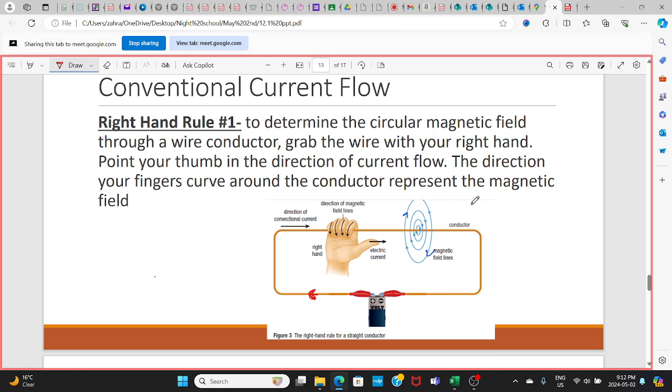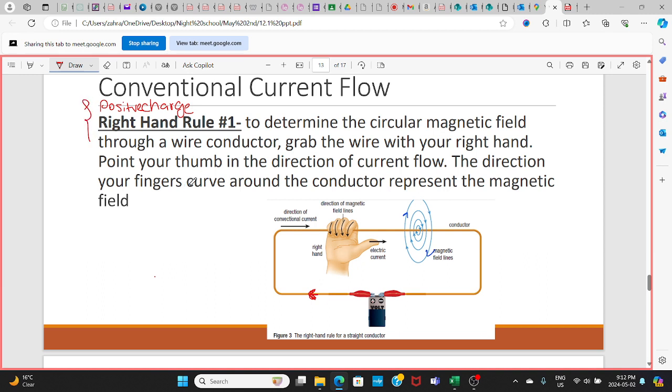Okay, wait, I got you now. The right hand rule you're using is for positive charge. But my finger could be to the right or left, depending on the situation. Let me write it down here for you. Good question. I like what you're challenging me with. So the right hand rule is for positive charge, and it depends on the situation.